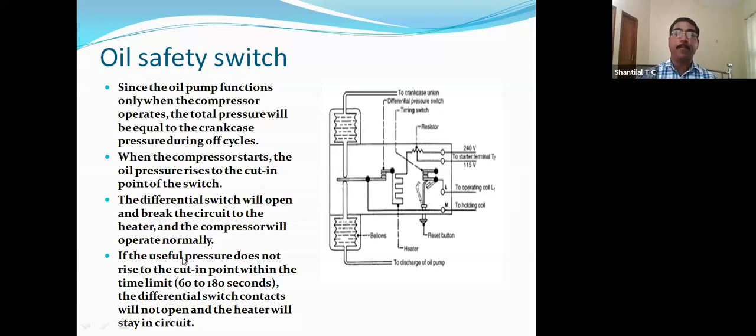If the oil pressure does not rise to the cut-in point within the limit, that means 60 to 180 seconds, up to 3 minutes, the differential switch contact will not open and the heater stays in the circuit.